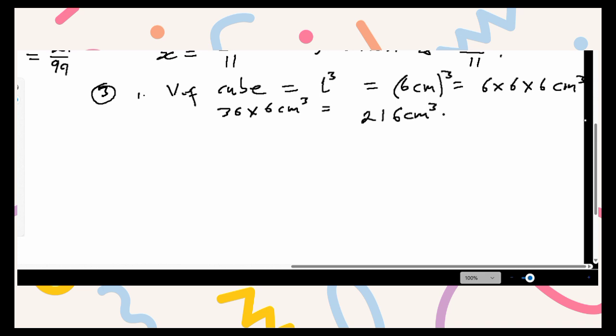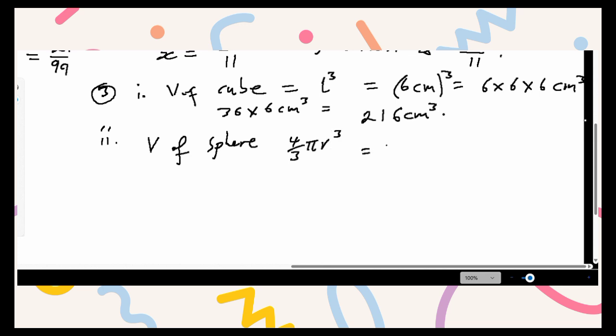So that is 3i. Okay, and 3ii says that we should find the volume of a sphere, and the question says that the radius of the sphere is what? 1 centimeter, and the volume of a sphere is given as 4/3 pi r cubed.